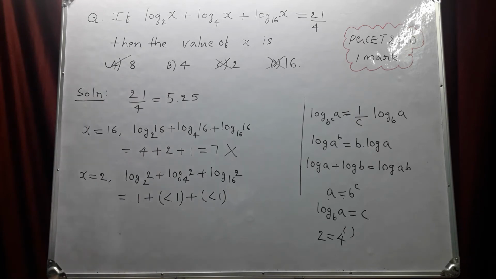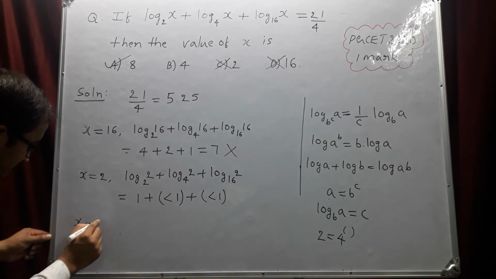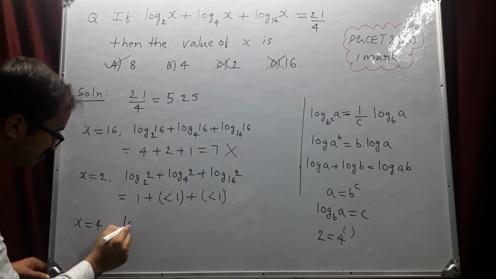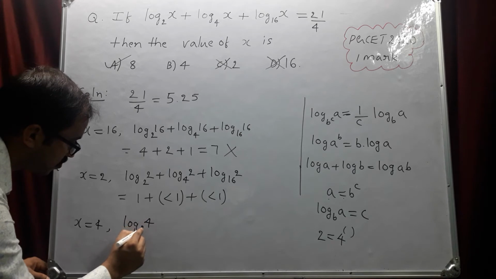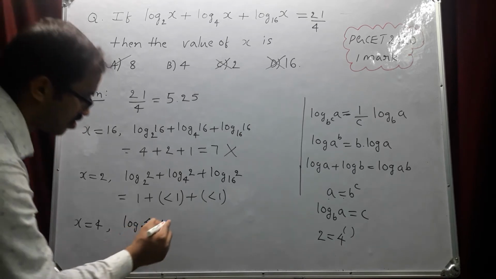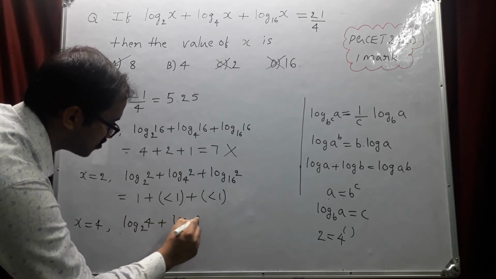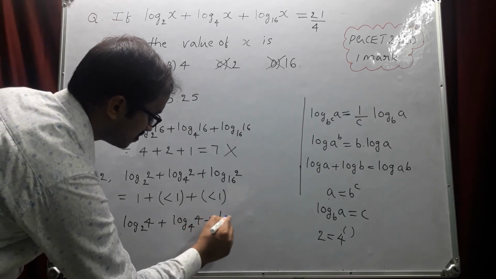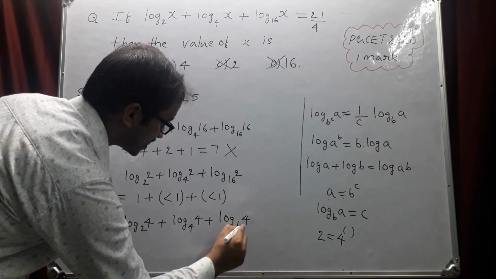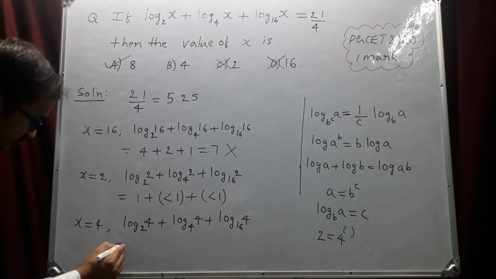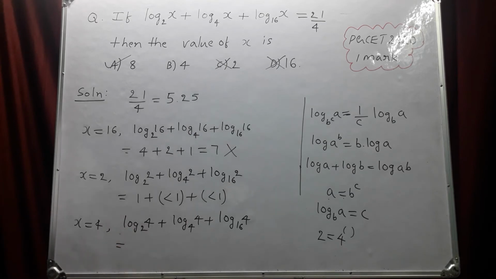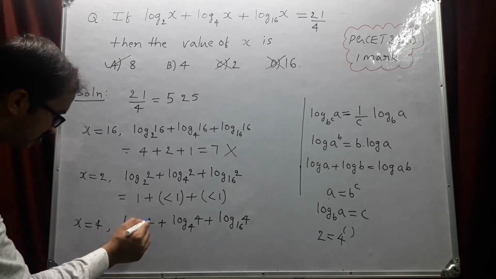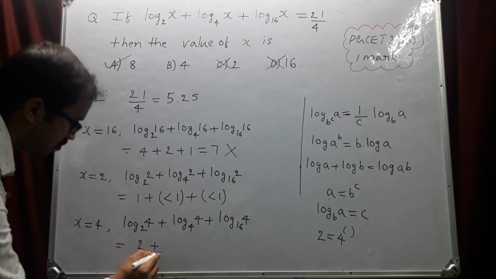If you consider x equals 4, what are we going to get? Log 4 to the base 2 plus log 4 to the base 4 plus log 4 to the base 16. 4 can be written as 2 square, so log 4 to the base 2 becomes 2.